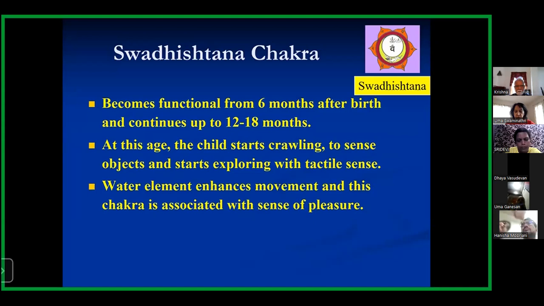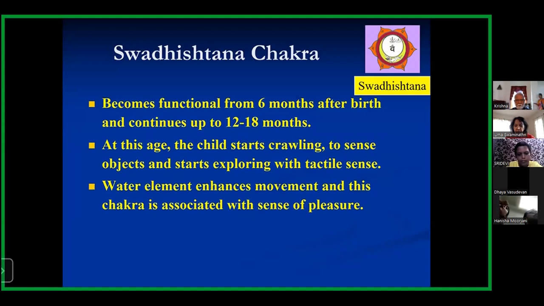Similarly, for the movement of the body, a fluid system is required, called the water element. Out of the 5 elements, the water element develops, and because of this the child is able to move, crawl or stand up. But because the bones and muscles are not yet strong, it just stumbles.